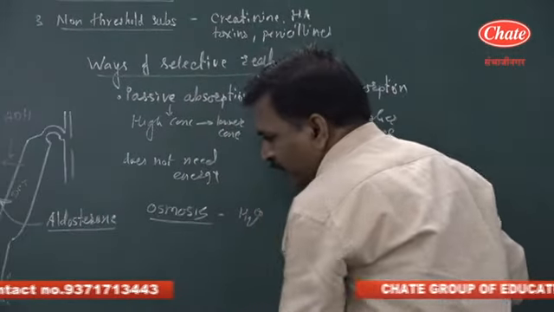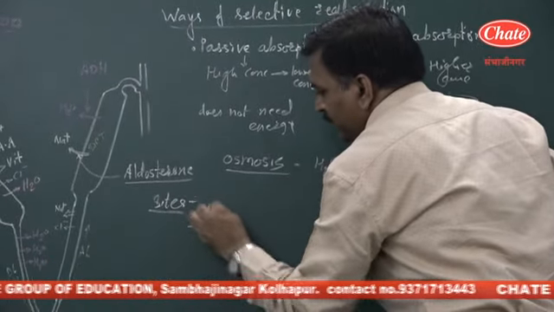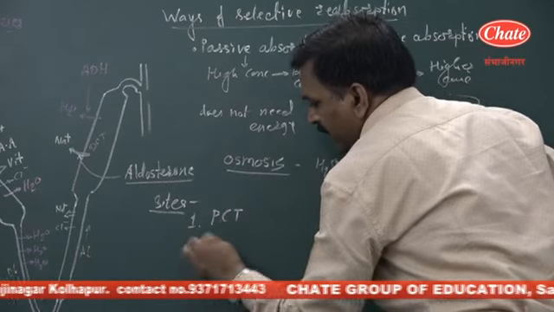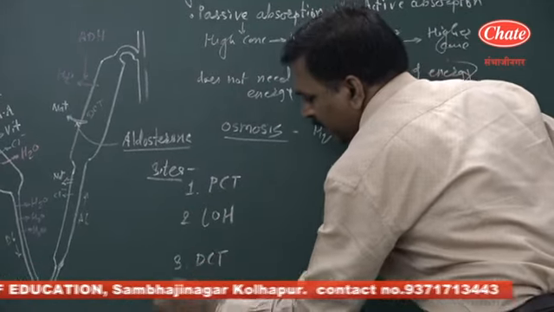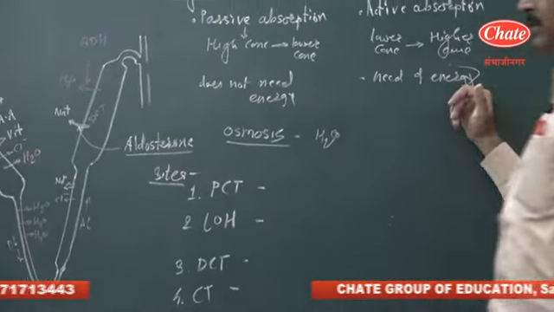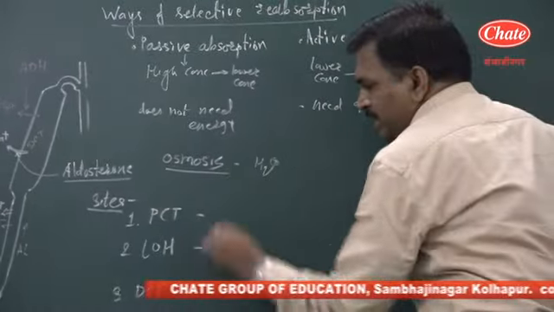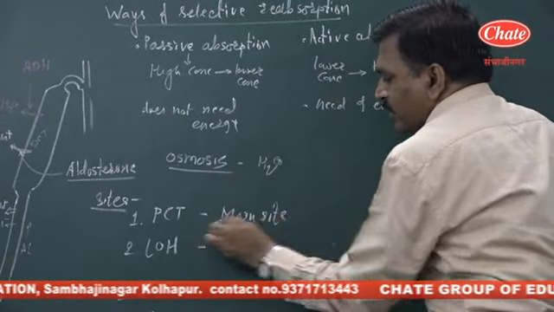Now the sites of selective reabsorption. First is the PCT, second is the loop of Henle, third is the DCT, and fourth is the collecting tubule. These are the four sites, out of which the PCT is the main site of reabsorption.